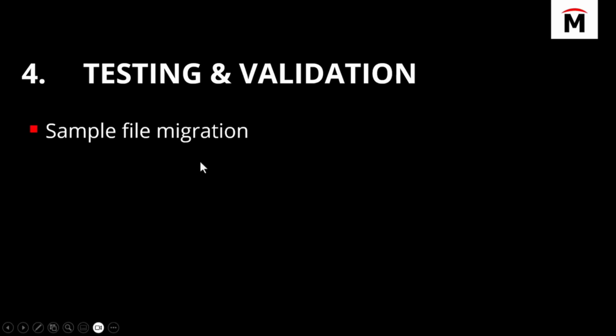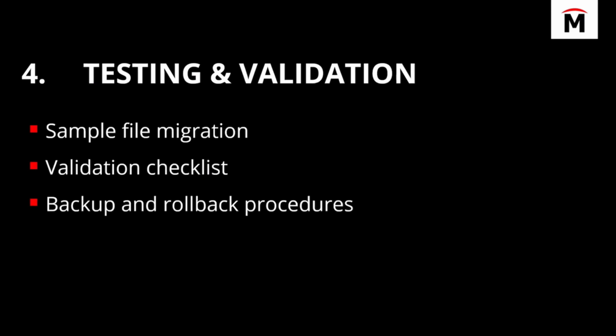Now that we have your system set up, we had a clear understanding of what you're trying to achieve. The software is running both on the server and the client, and we have an initial configuration. This is where we move into testing and validation, where we start performing things like sample file migrations, running through our validation checklist, and ensuring that all the backup and rollback procedures have been fully implemented.